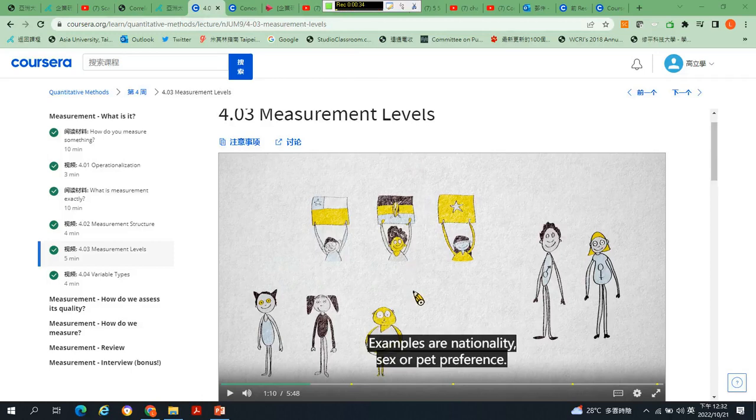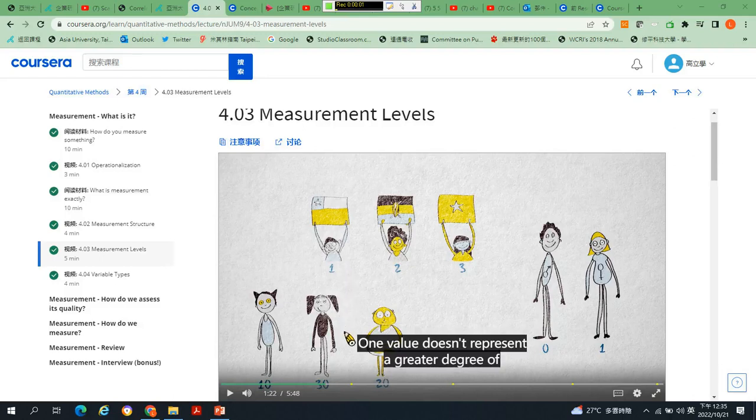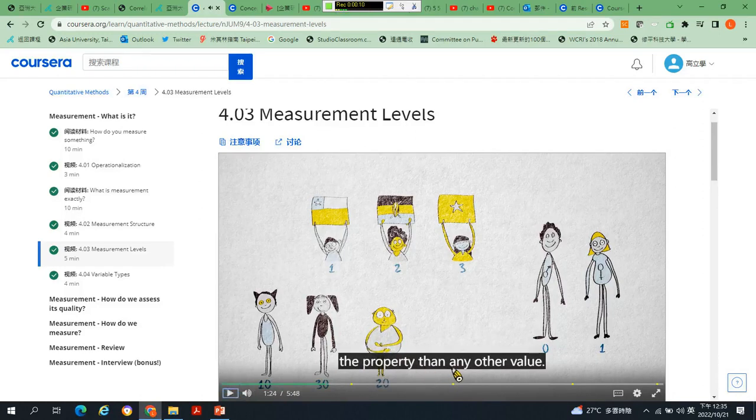There's no such kind of meaning. So 1 and 2 just represent categories. The numbers or the codings have no real meaning other than differentiating between objects. In other words, we just have two categories, and the value itself doesn't represent a greater degree of the property than any other value. So they are just different.